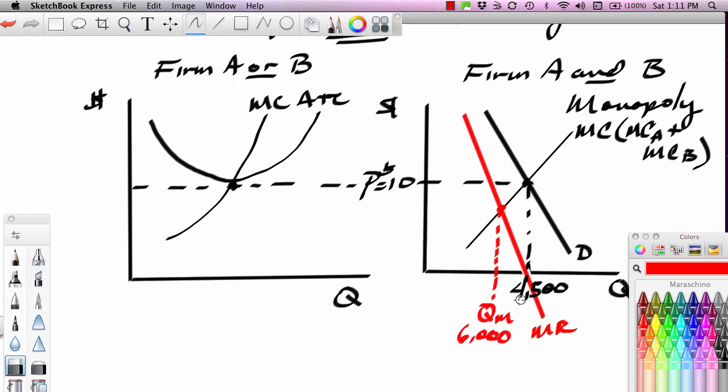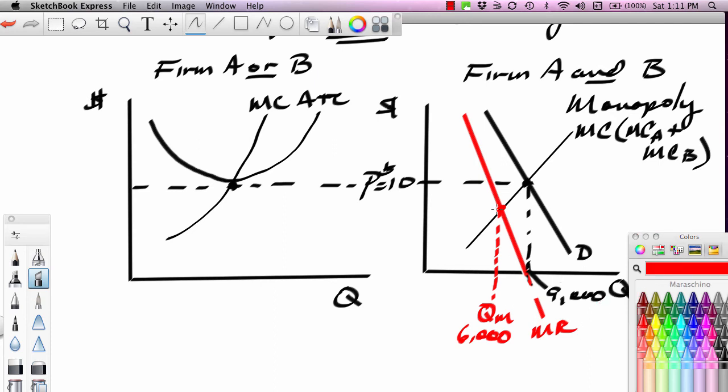This number is actually not 4,500. I've got to be careful here. This number is actually, remember, this is actually 9,000. So let's be careful here. The individual market share is 4,500. Okay? All right, now I think we're okay.